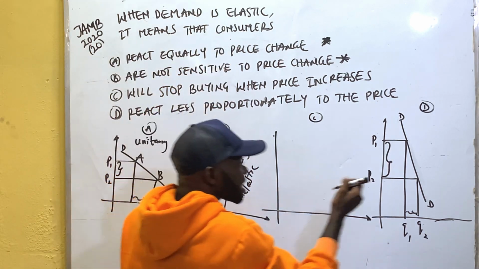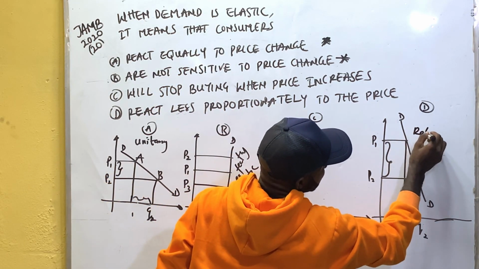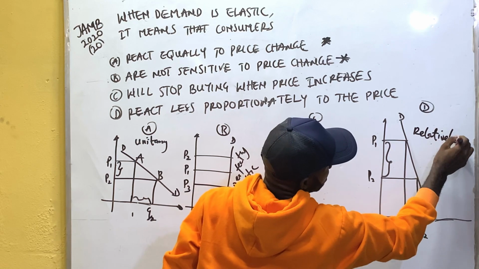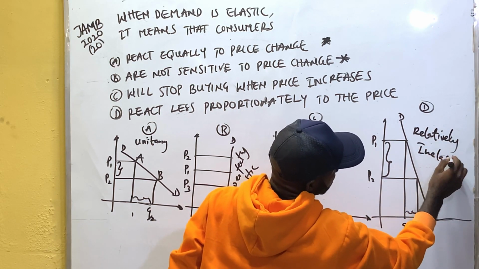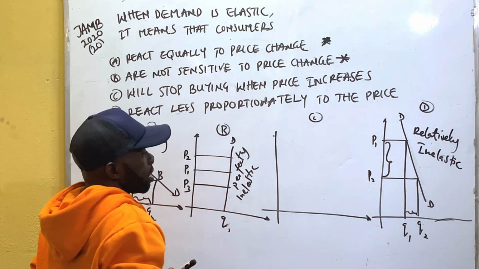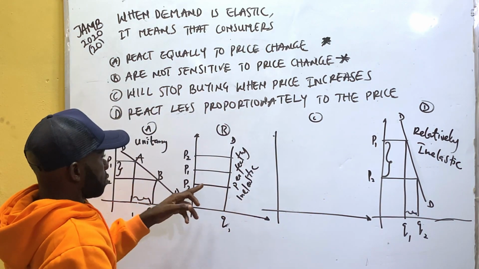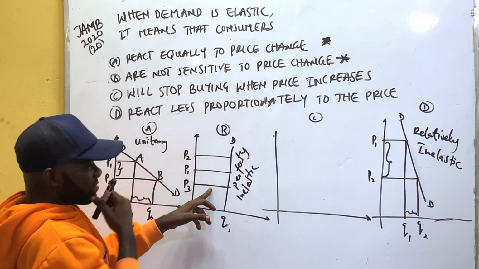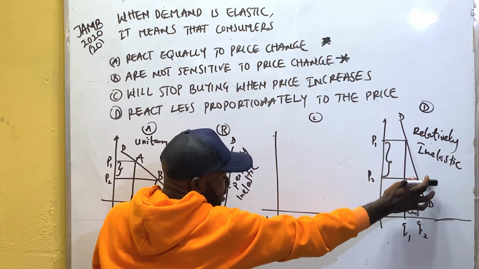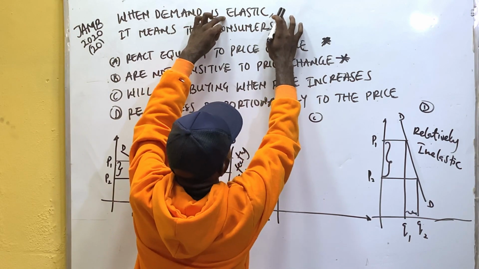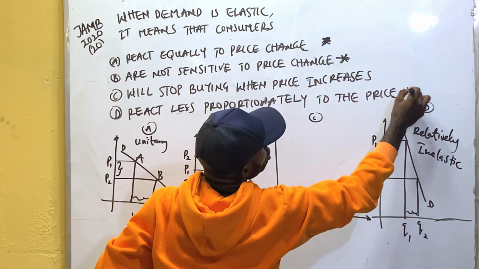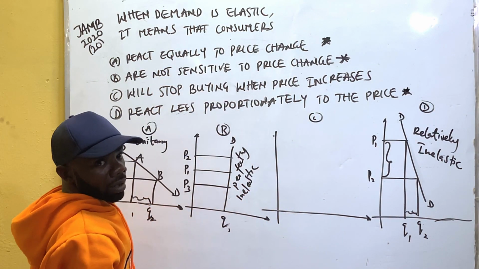No, this is relatively inelastic. So it is something related to this. This is an extension of this. So it's still inelastic, and we're dealing with elastic. So option D is wrong because of this diagram.